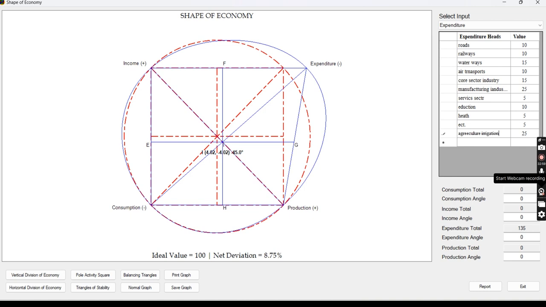pole of expenditure, there is a minus column, because whenever any productive activity is to be undertaken, you will have to incur expenditure first. You can't use the pole of production to start with, because production is a quantitative aspect of that economic activity, and for every productive activity you will have to incur expenditure, which is a monetary value.